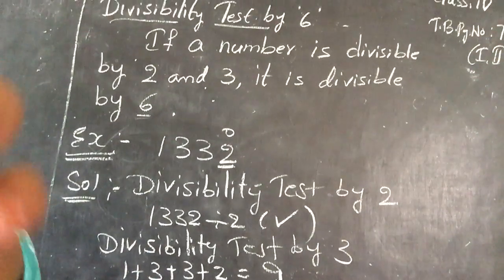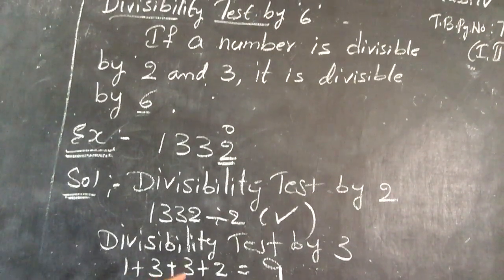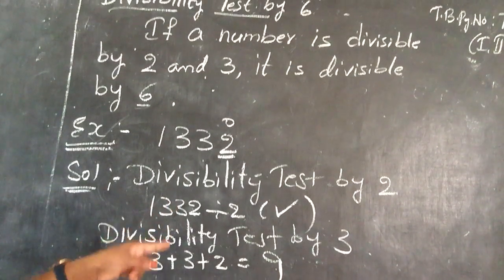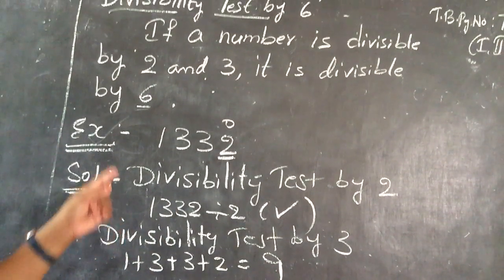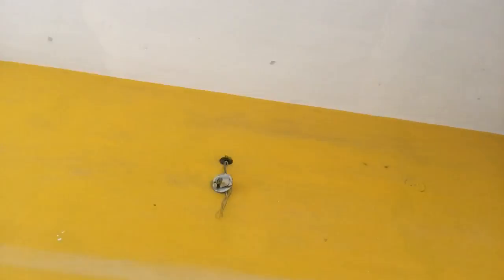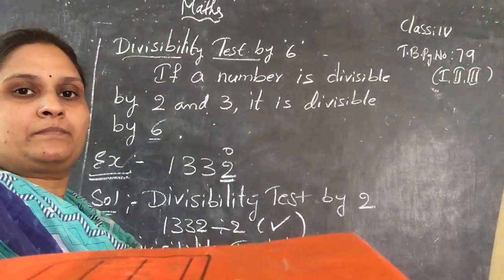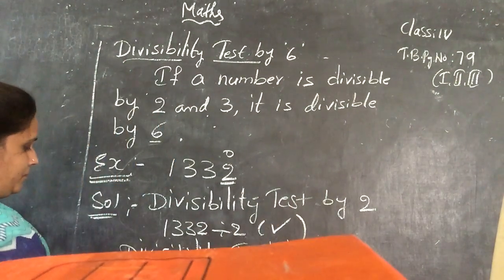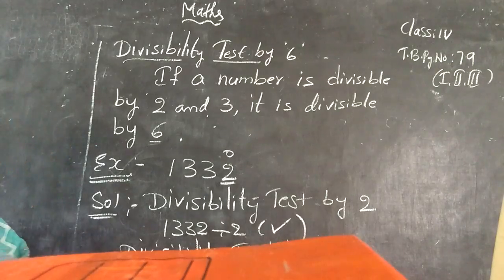So the number 1332 is divisible by 6 also. Why? Because it is divisible by 2 and 3.